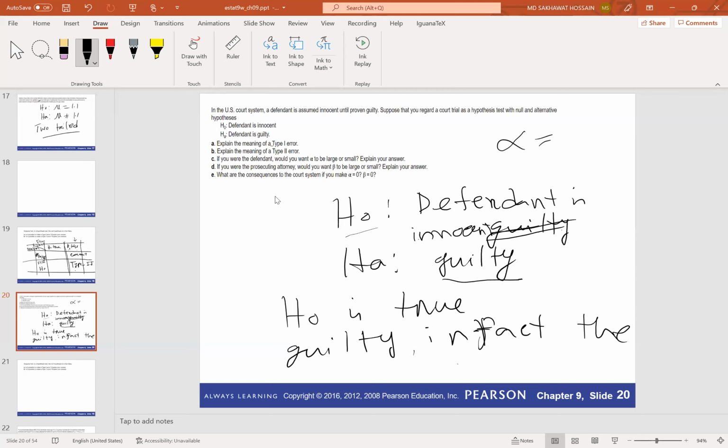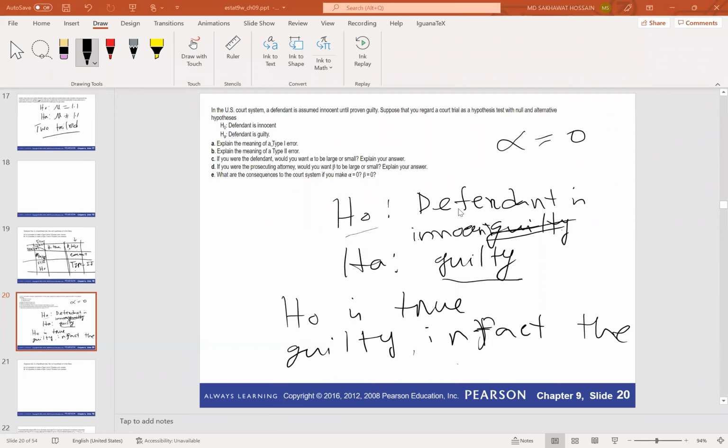So what are the consequences for the court system if you make alpha equal to 0 and beta equal to 0? Okay, so if you make alpha 0, then what will happen? In the context of this question, what will happen if you consider alpha 0? Alpha 0 means you will not make any type 1 error.